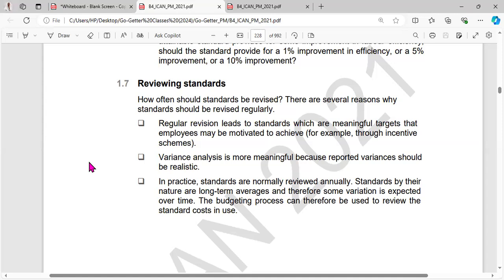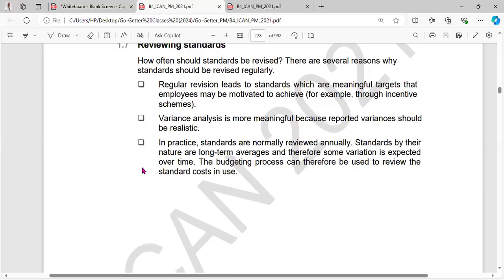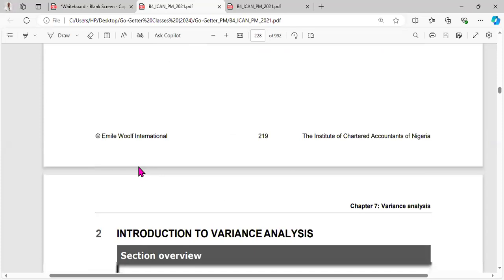That's why we have a presidential committee that is reviewing taxes, because the standards are no longer fit for purpose, and so they need to be reviewed. All right. So we see that standards can be reviewed regularly, be it 1 year, or at any time that it needs to be reviewed.